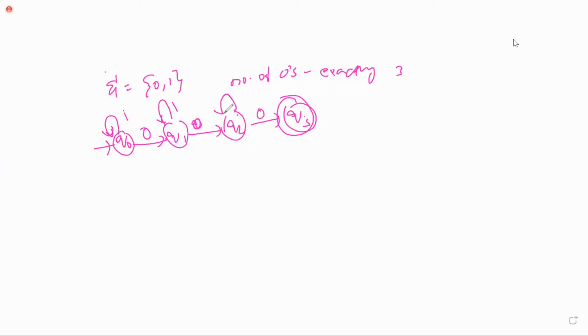So can I take it like this? Yes, ma'am. And here also I can take 1. What about Q3 on 0? We can't take it, ma'am, because then it will become 4 zeros. Yes, then it goes to the dead state. Okay, am I clear with this? Exactly 3.